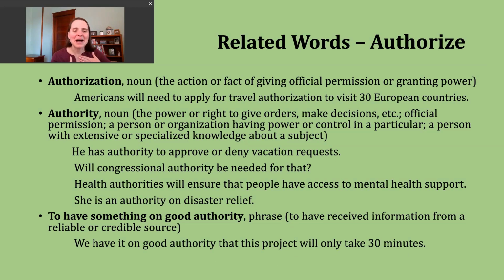Now, this is not a phrase I hear every day, certainly, but when I've heard it, one of my immediate questions to someone who says, I have it on good authority, is: who is your authority, right? Because I want to be able to judge, is this person reliable or credible? But that is the type of person I am. I like to judge for myself instead of always taking other people's word for it.